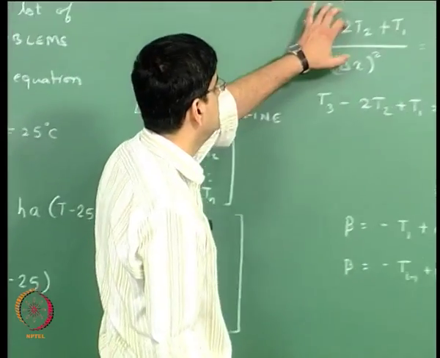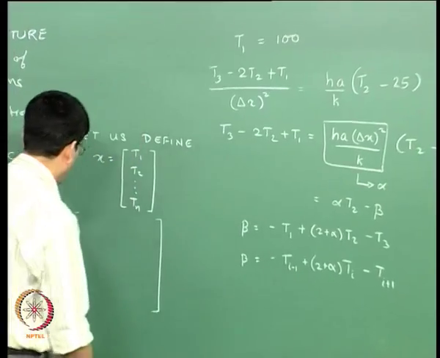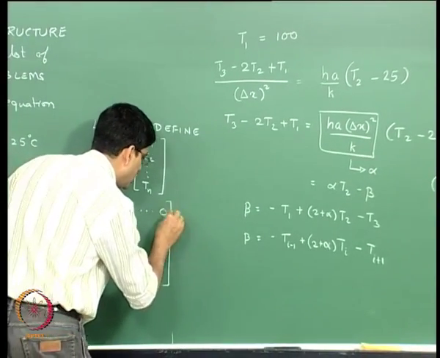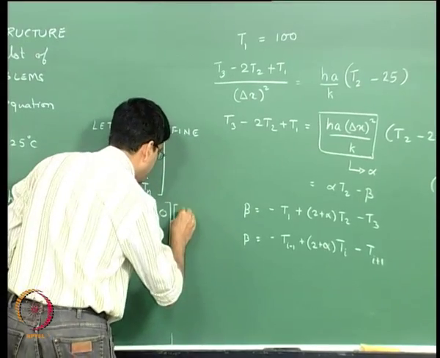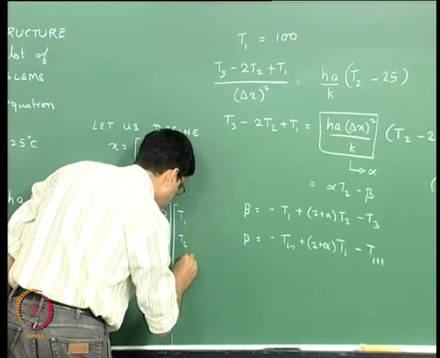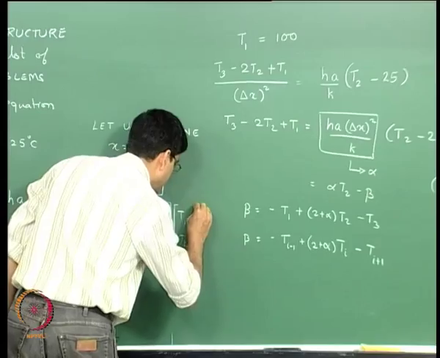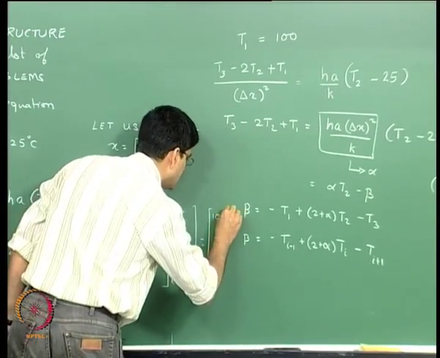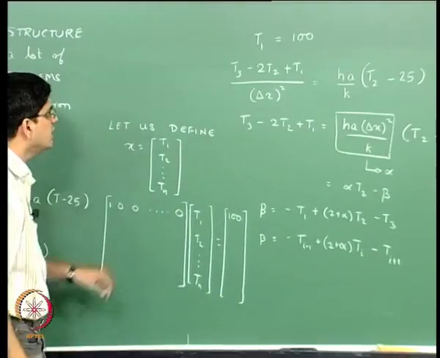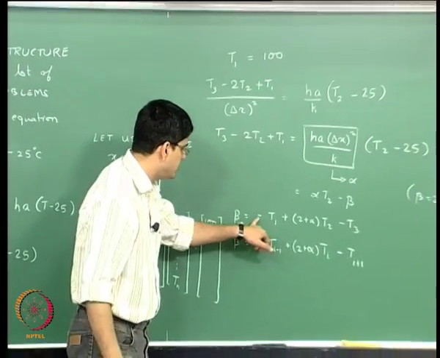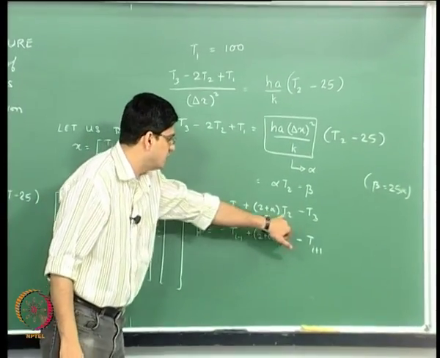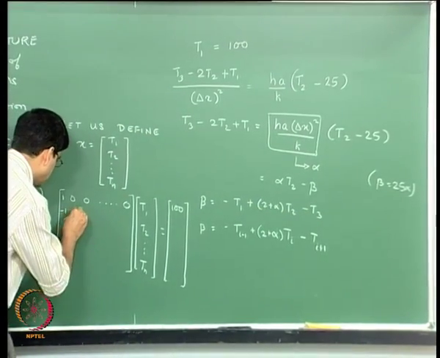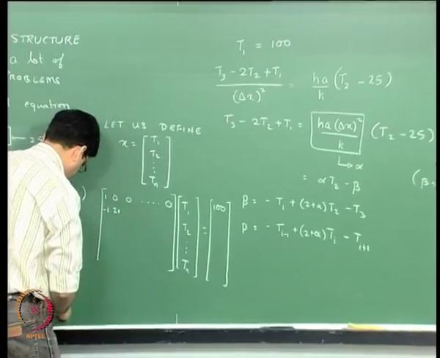The first equation is T1 equal to 100, so it is going to be 1 0 0 and so on up to 0 multiplied by T1, T2 and so on up to Tn equal to 100. Our second equation is going to be minus 1, 2 plus alpha, minus 1, and everything else is going to be 0.